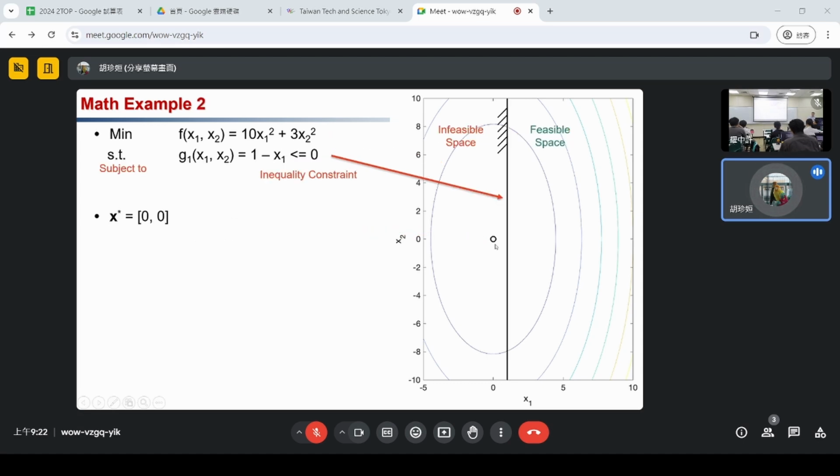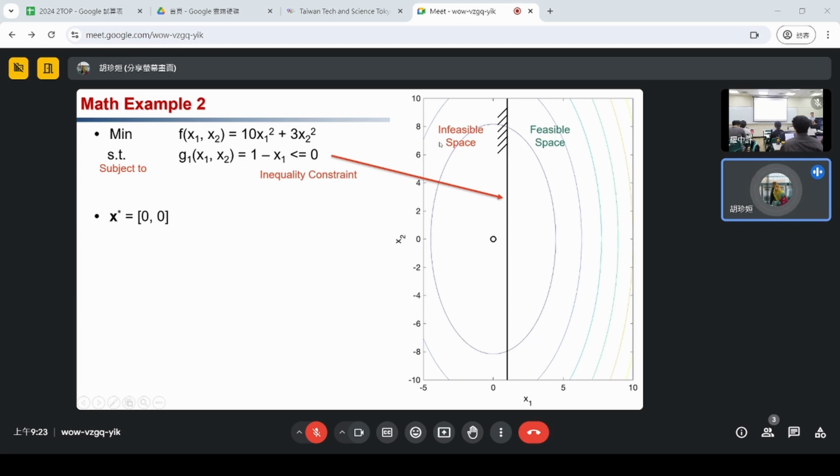Okay, here's another example. What if I put a wall inside the space? The rule says I want to make sure x1 is larger than 1. So if you make a drawing of this limitation, it's like a wall right here. And the hash right here represents the left-hand side, the so-called infeasible space.